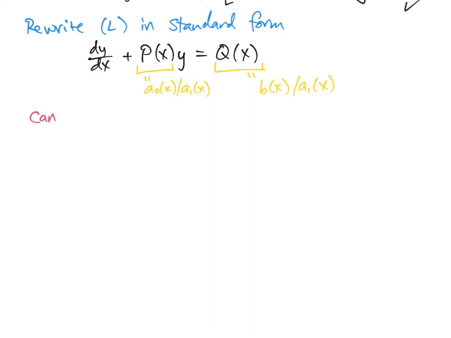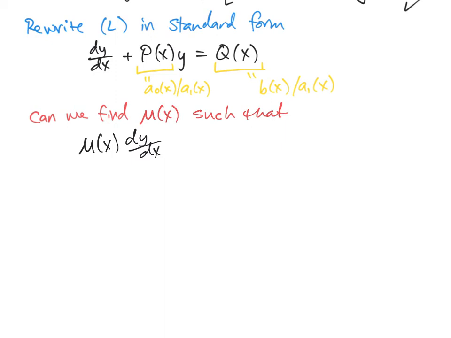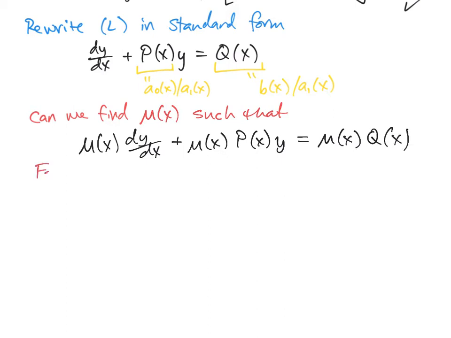So in other words, can we find some function mu of x such that, if we multiply through, our new equation will look like mu of x dy dx plus mu p of x y equals mu q, such that this falls into case 2 from the previous screen.